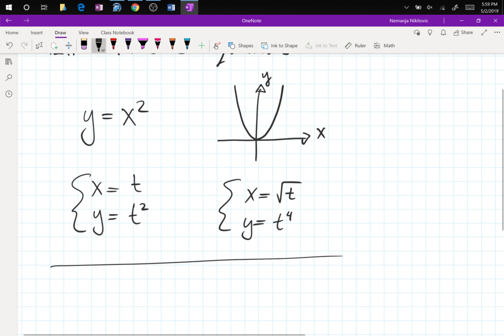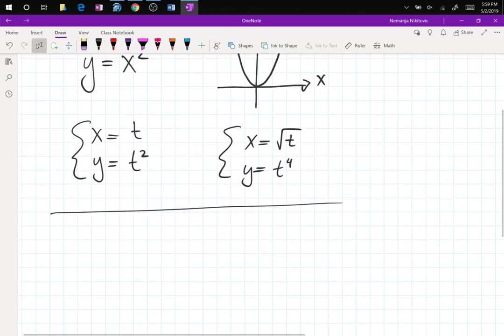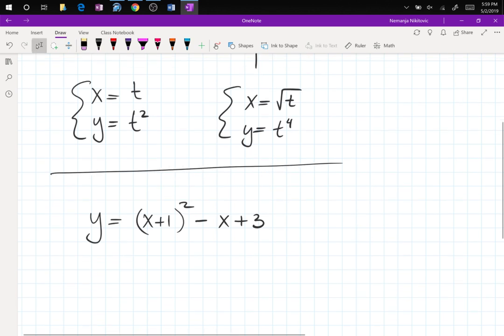Here is another example, again, something that is easier. Say y is equal to x plus 1 squared minus x, let's say, plus 3. Let's say this is something. What you can do for your parametric equation, you can say, you know what?